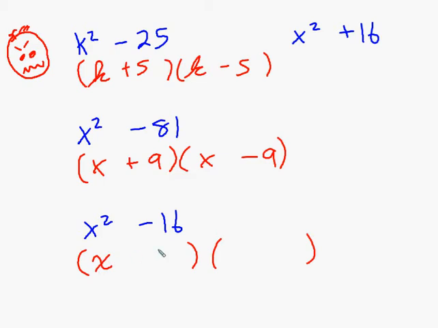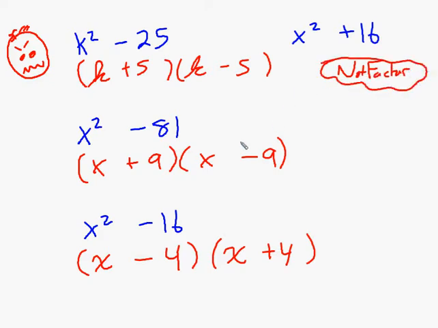X, 8, no, my bad, 4. There you go. 4 minus x, plus 4. And the last one? Not factorable. Not factorable unless you're in Algebra 2 or honors. You cannot factor the sum of perfect squares.